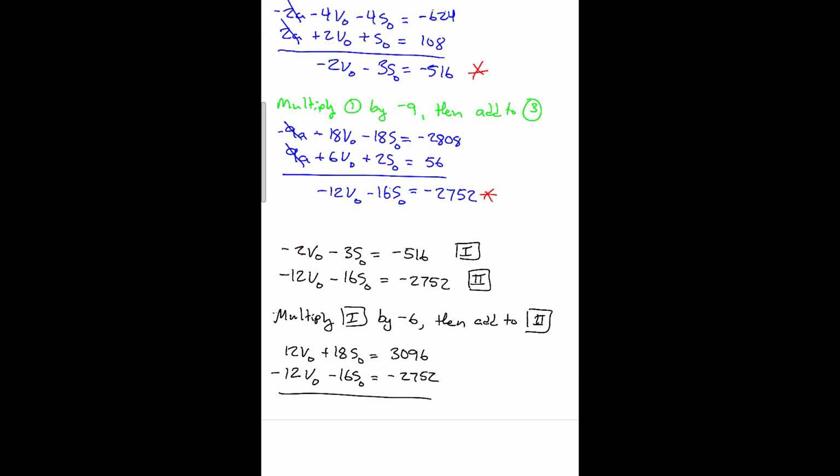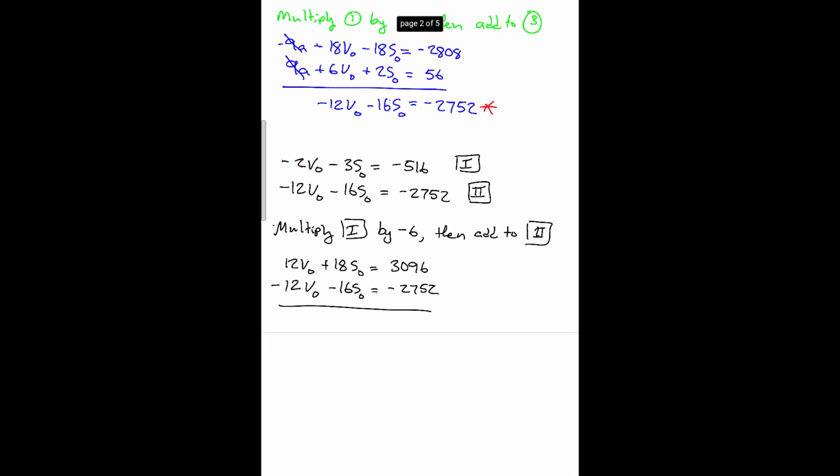When I add those two equations together, lo and behold, my 12 v naughts go away, and I'm left with 2 s naught equals 344. Now my v naughts go away, and I'm only left with an s naught.